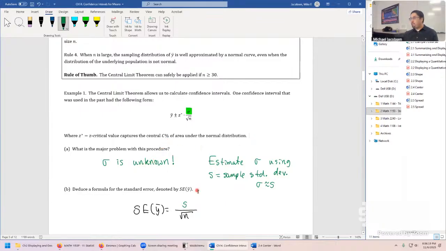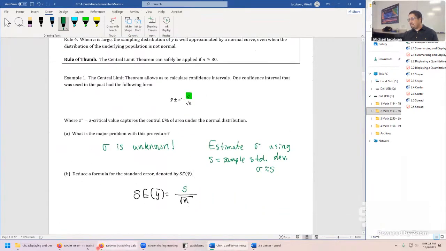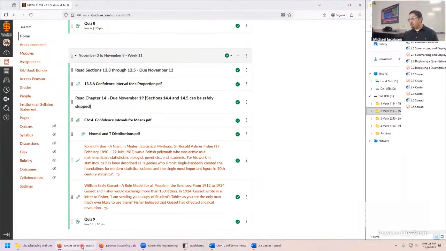So just for a bit of a mental break, because we've been looking at technical information for a while, let's look back on the Moodle page or Canvas page. It was William Sealy Gosset who first noticed you can't just estimate sigma with S without incorporating the error in that estimate at the same exact time. And these are the two major figures in modern statistics.